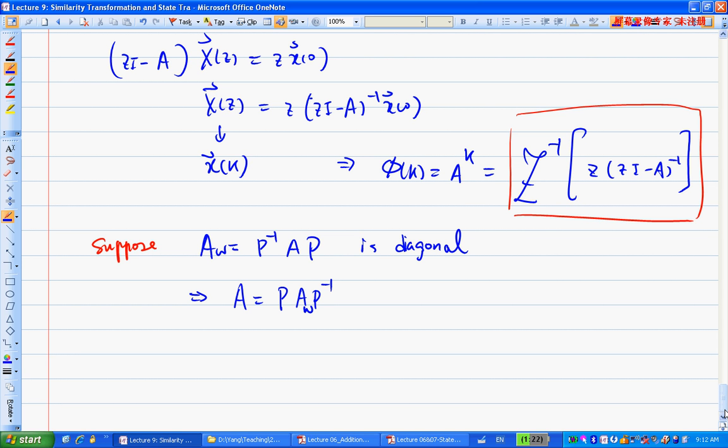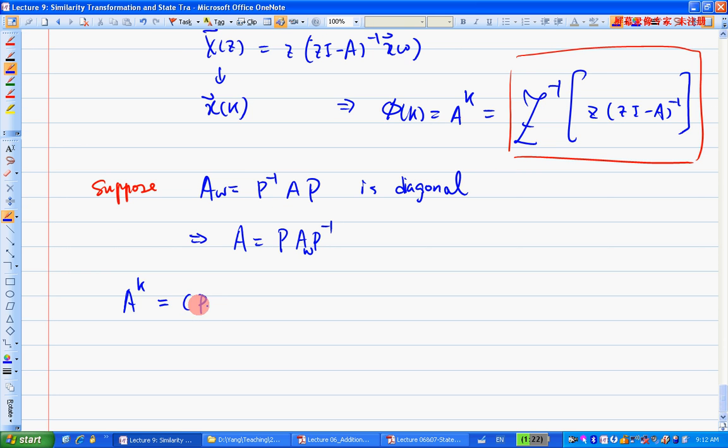So what are we computing again? We're computing A to the power of k. So now A to the power of k means we're going to multiply them how many times?